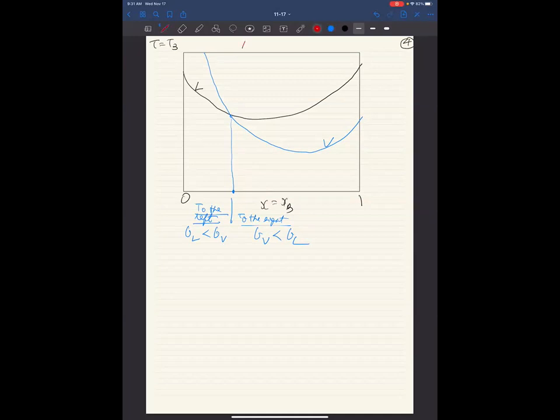What we are trying to understand now is known as Maxwell's common tangent construction. In order to do this, let's see if I can draw a better curve to make my life easier.